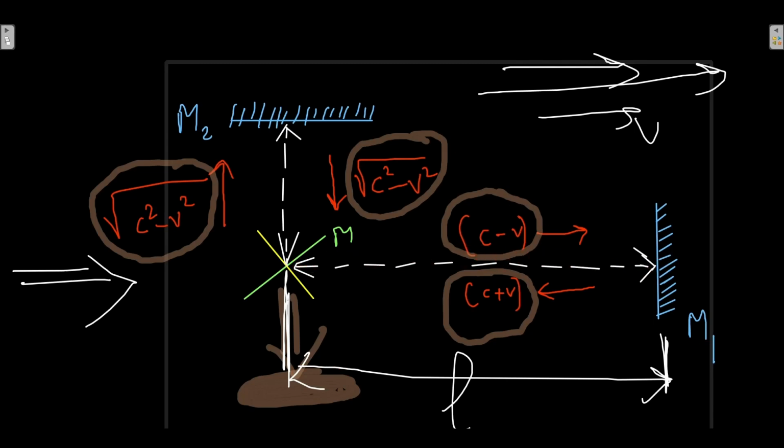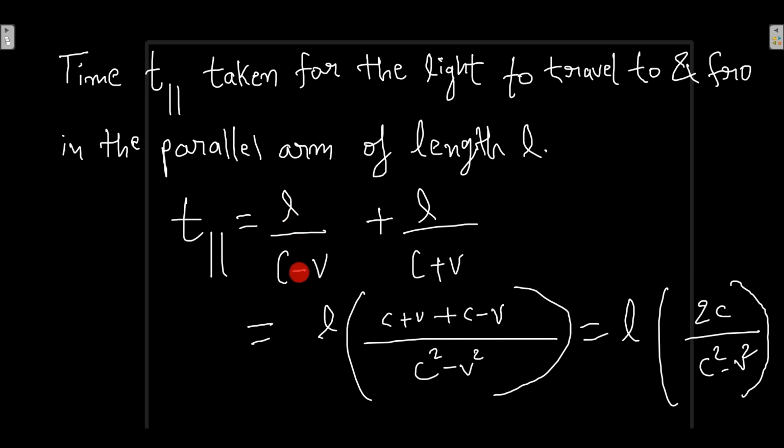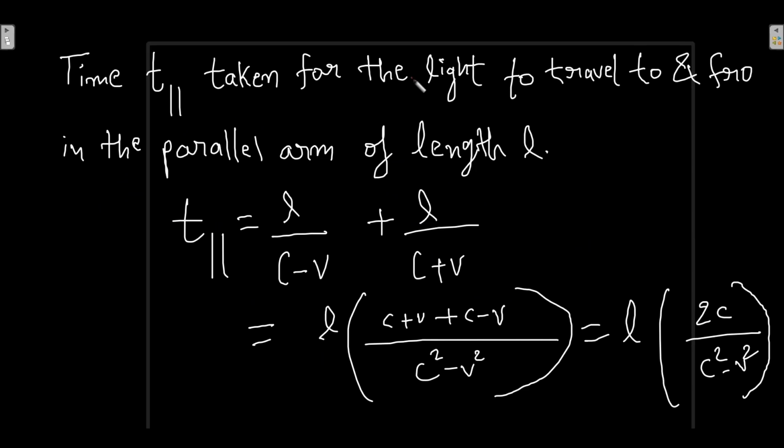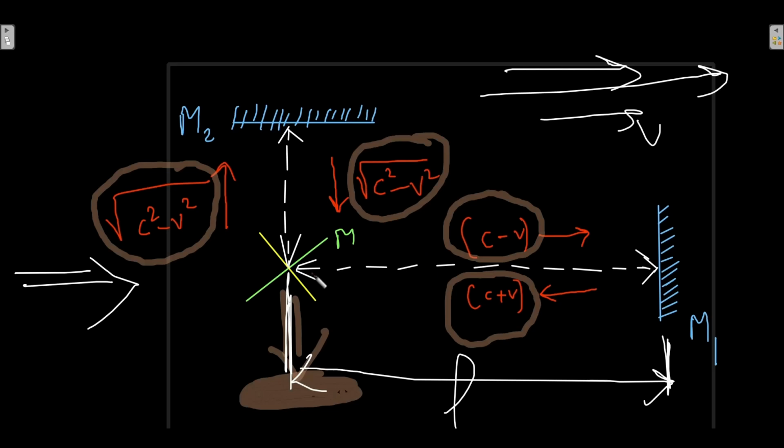So L divided by c minus v is the time required for going like this. And the time required for coming like this will be L divided by c plus v. We are adding these two times to find the time t parallel.